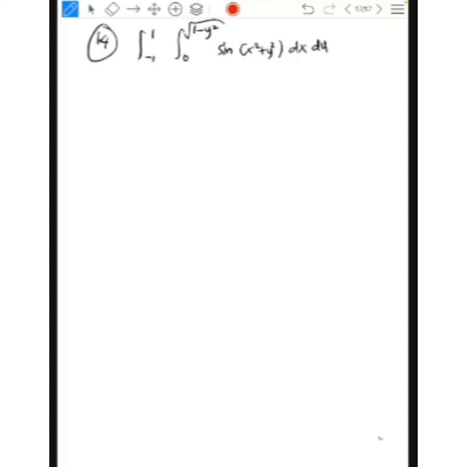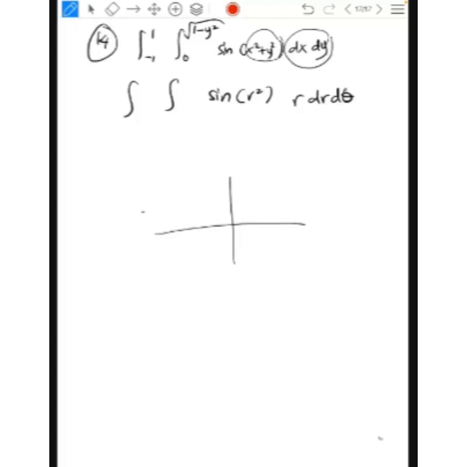So again, this dx dy will straightly become r dr d theta. So this x squared plus y squared will be sin of r squared. Okay, the region, we have to sketch again. The original question works towards the x-axis first, because it is x, right? So as it works toward the x-axis, it will find x equals to 0.